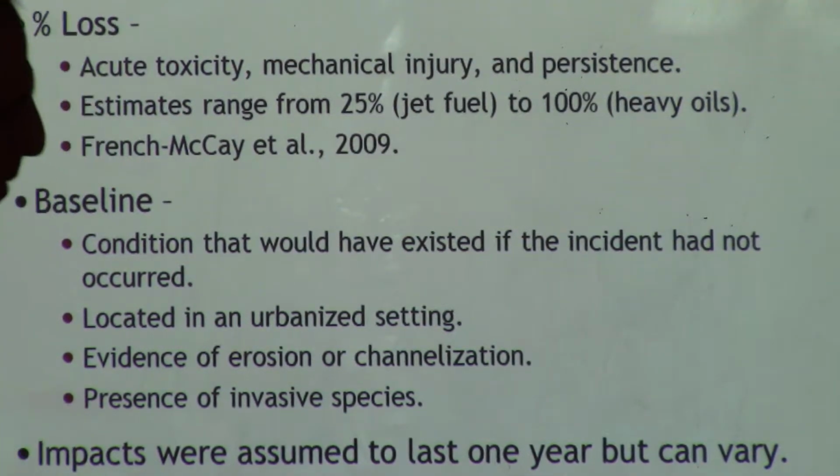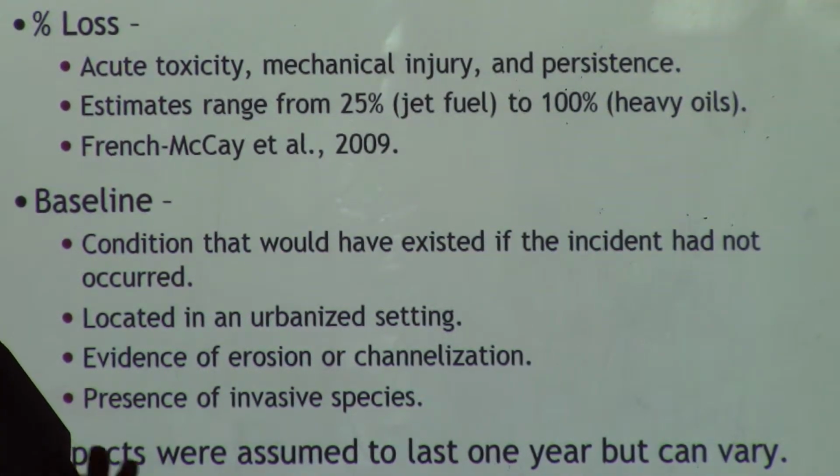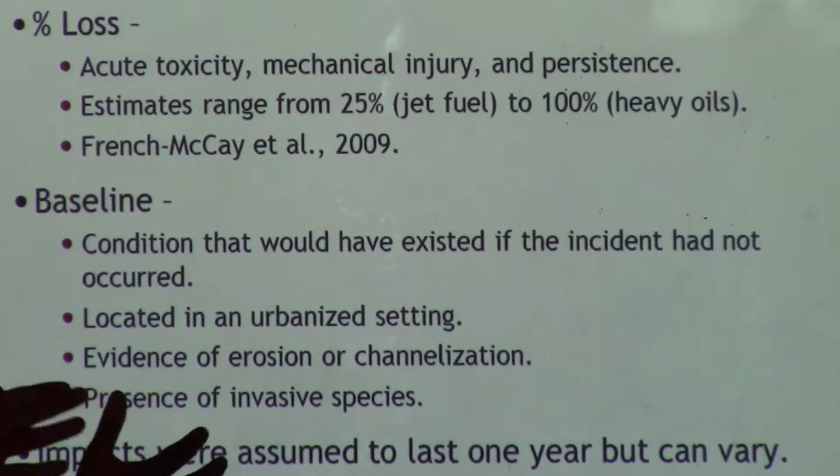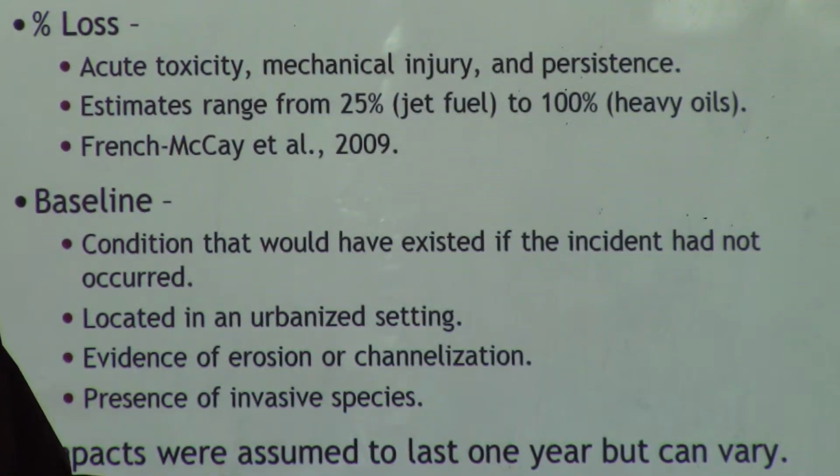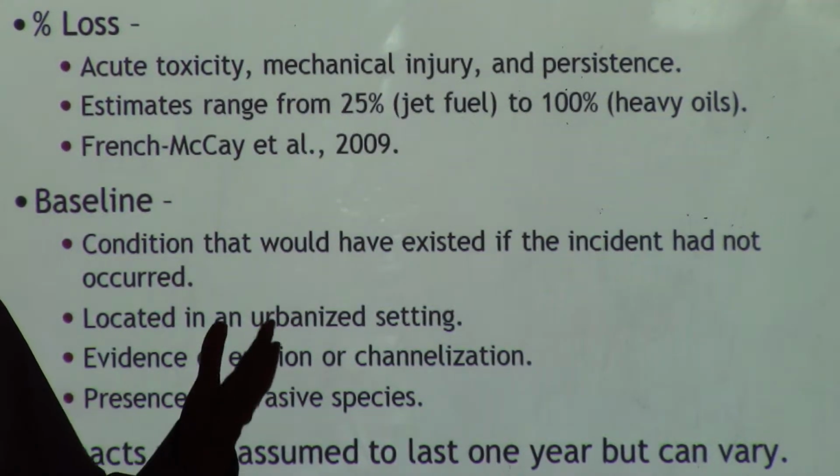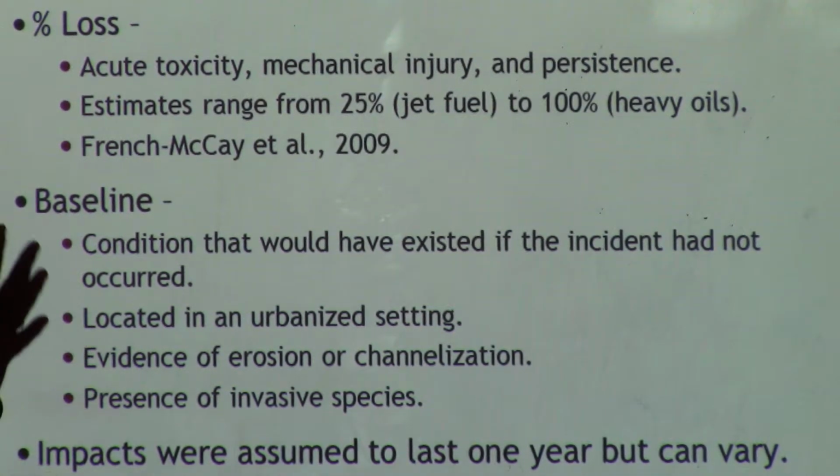All right, so baseline is but for contamination. And there's a lot of variation across the country, but here in Massachusetts, where you might have hardened shorelines, there might be existing contamination, there might be invasive species, there might be impervious surface, any number of things that you can think of. And we've gone through a couple of different investigations into different tools and data sources that we can use to standardize baseline. And again, if you have any suggestions, I'm definitely open to it and want to hear about it.